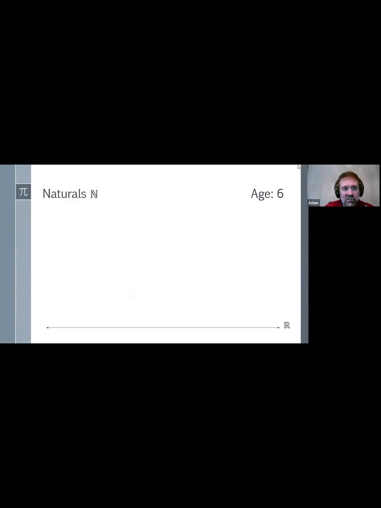So the next year, say age 6, we're going to be using something called the natural numbers. Now, this can be a little bit confusing because there's natural numbers and there's whole numbers. We're just going to focus on natural numbers because in the math map, they call whole numbers natural numbers.